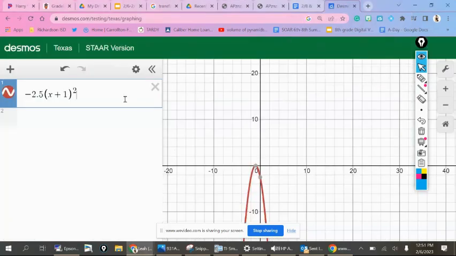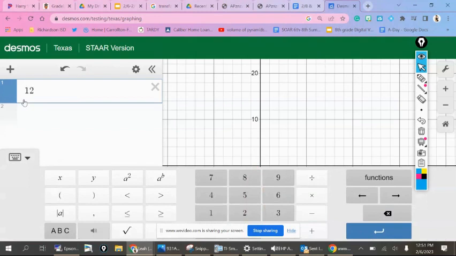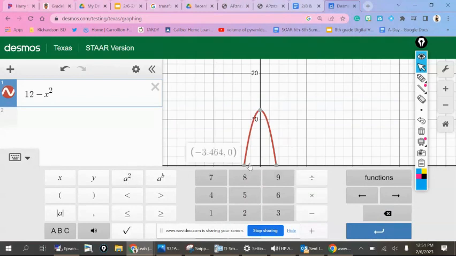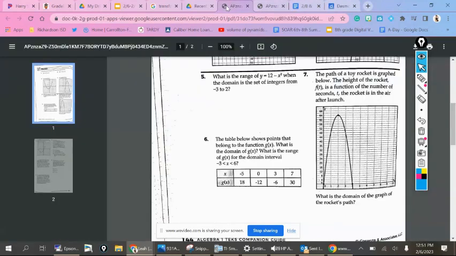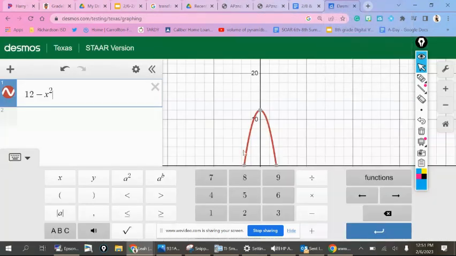Okay, I'm going to do 12 minus x squared. So it told us what it was. I mean, it was guessing, but it was like -4 and 4. Let me see. Oh, -3 and 2. That's where it stopped, our range. So we're going to look for -3.